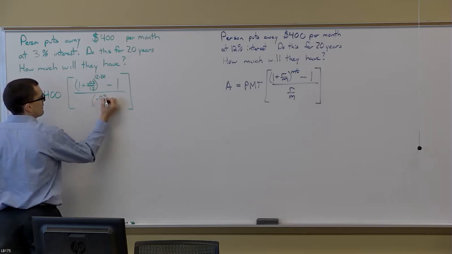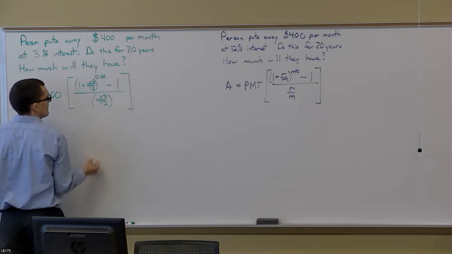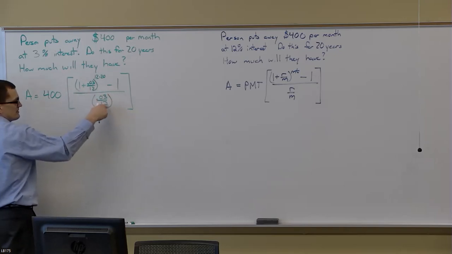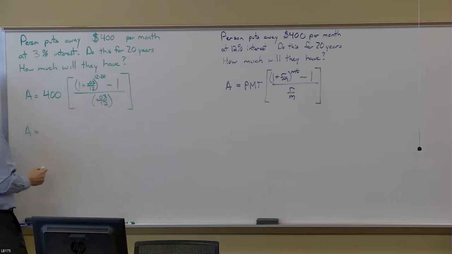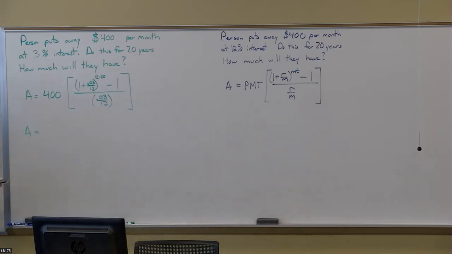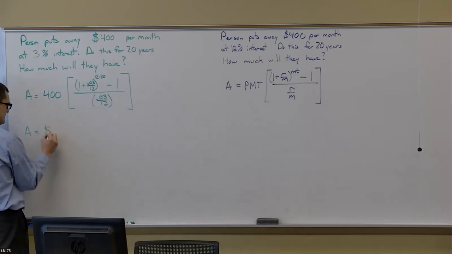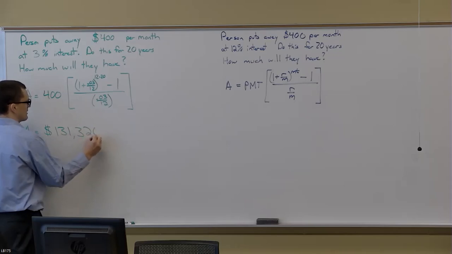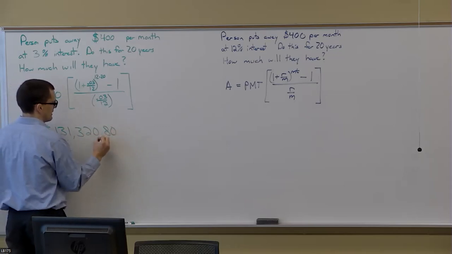We divide by 0.03 over 12 in parentheses. So calculate the numerator, divide by 0.03 over 12, and then multiply by 400. I ended up with $131,320.80.